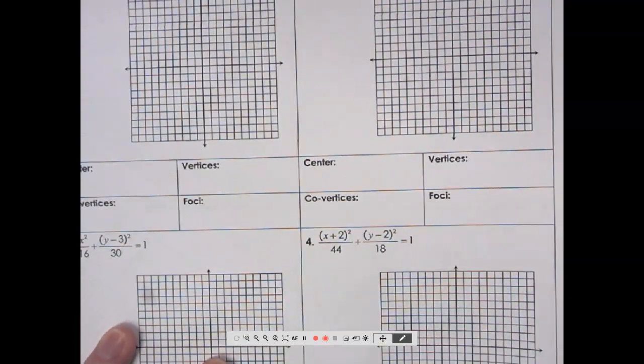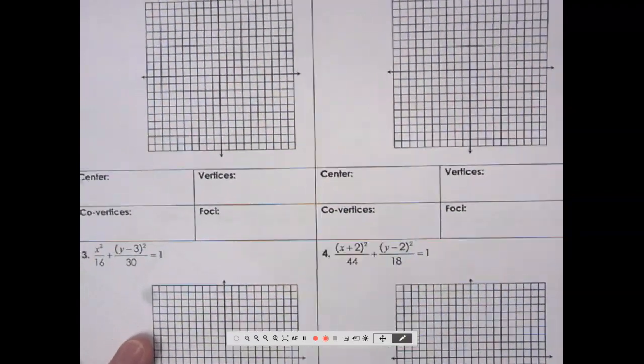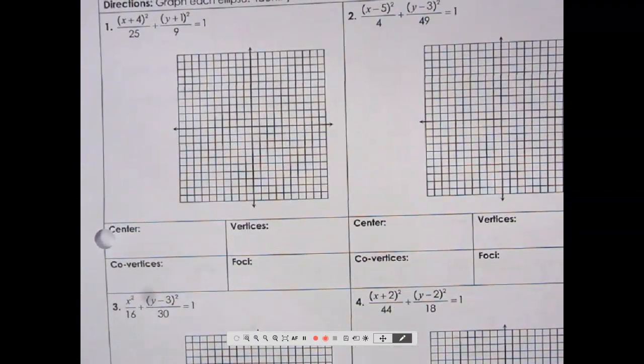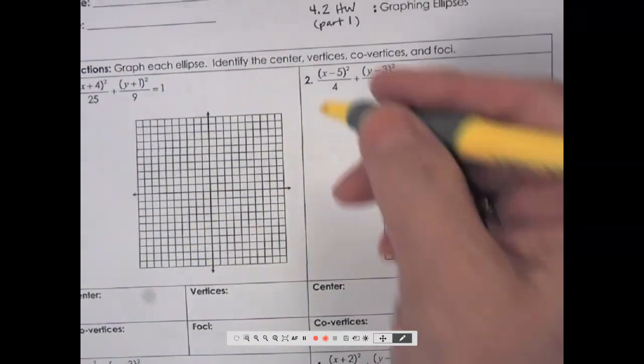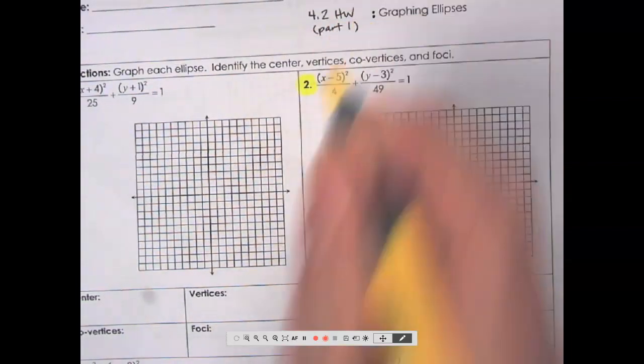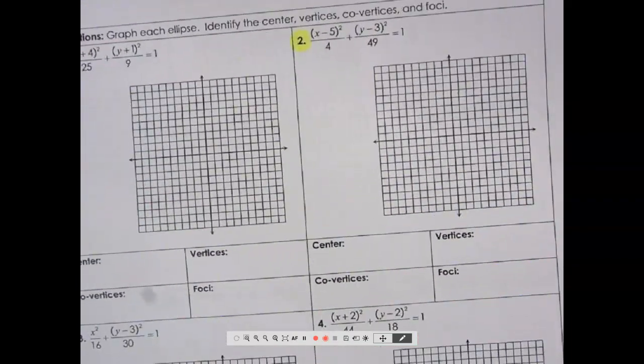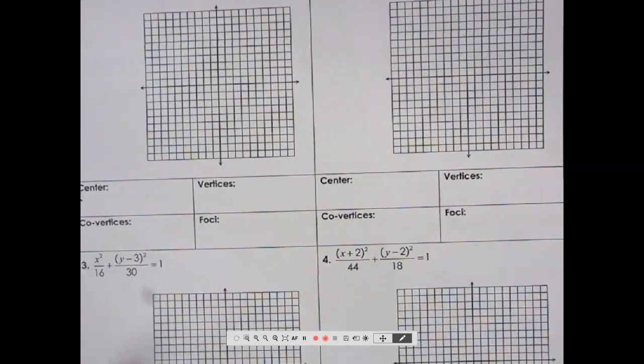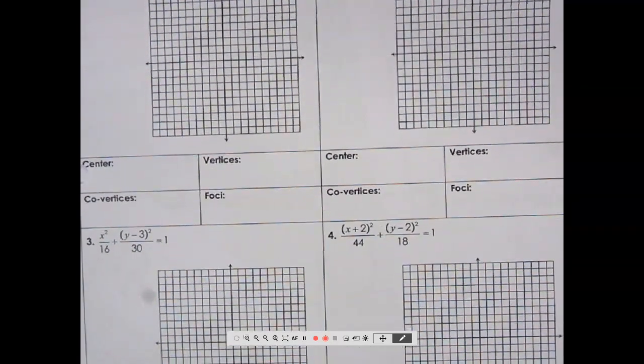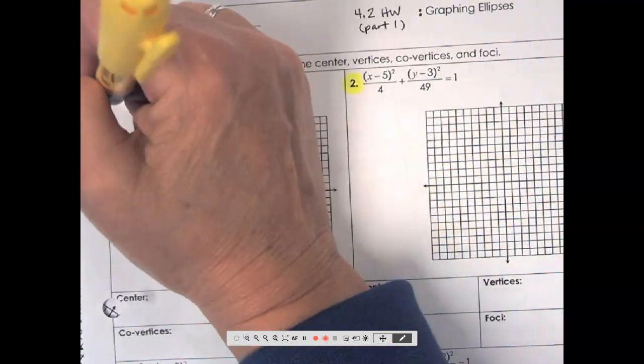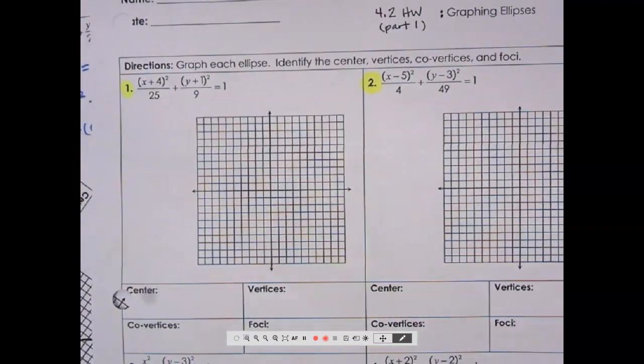Number 3 is vertical, and 2. Which one's easier? 2, why? Perfect squares, let's do 2. It's the weekend. All right, 1 and 4 are horizontal, but which one's easier? Number 1, because you got perfect squares, so we're going to do 1 and 2.